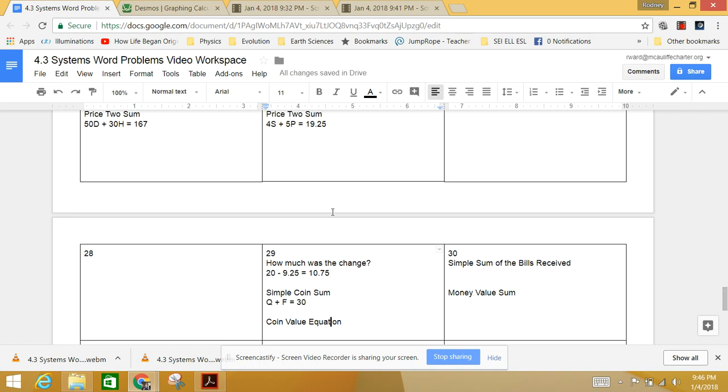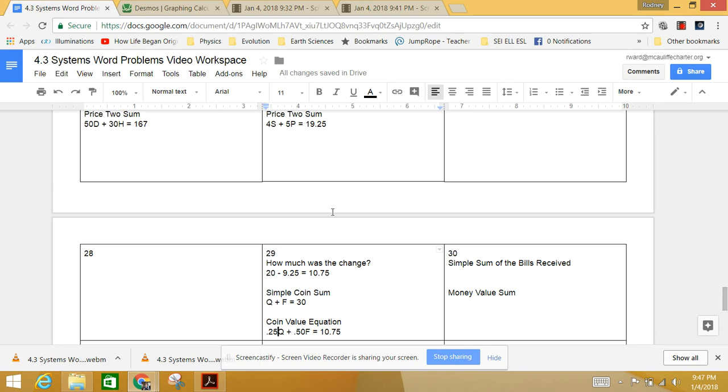And that gets us down to our coin value equation, which has to equal $10.75. Some portion of that is quarters, and quarters are worth 0.25, so there's 0.25 times the number of quarters, plus the 50-cent pieces, which are worth 0.50 times F, equals 10.75.